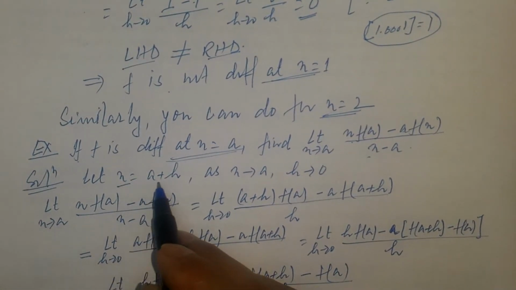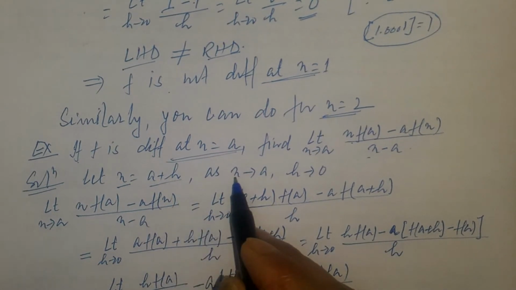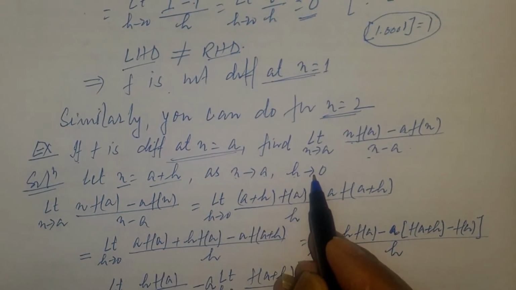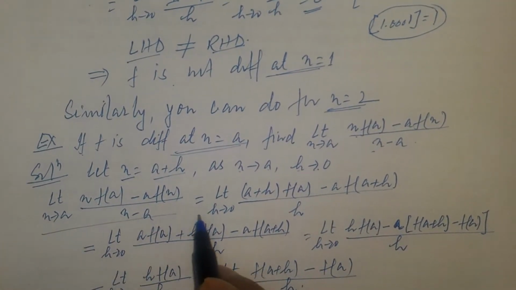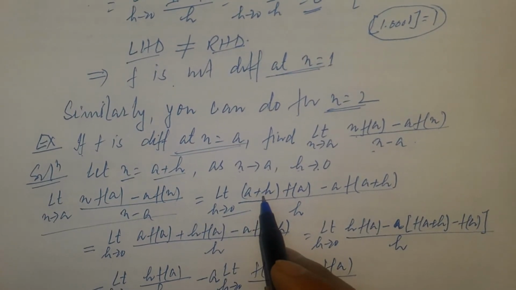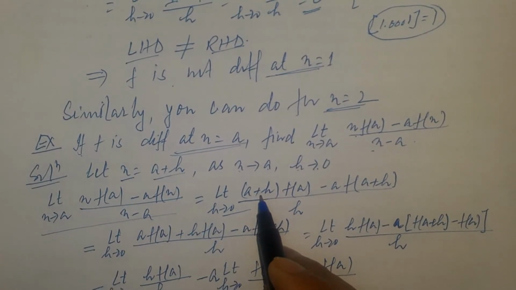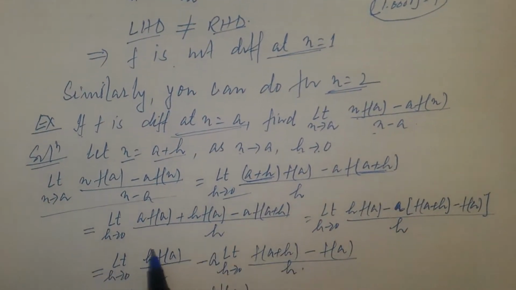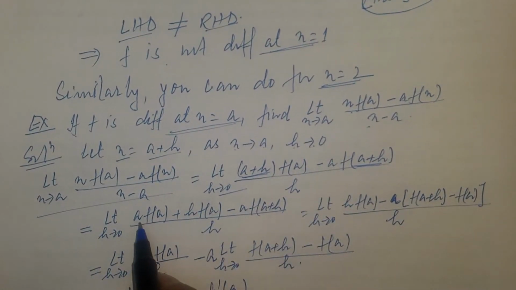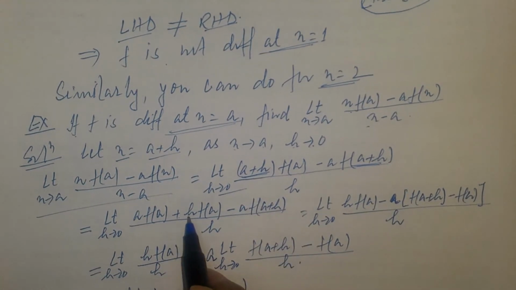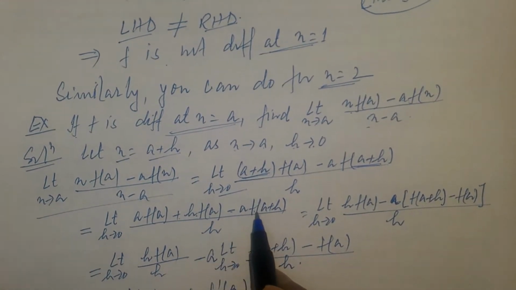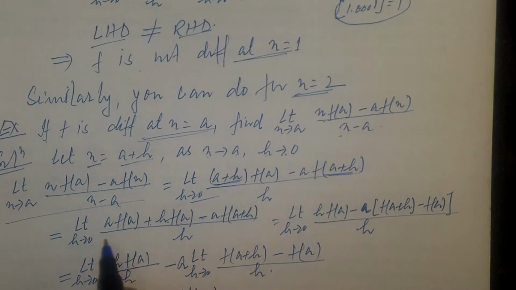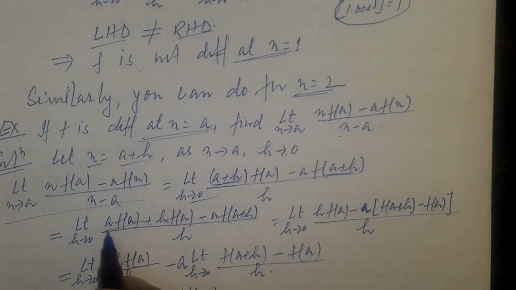Put x equal to a plus h. As x tends to a, h will tend to 0. Now wherever we have x, that will be replaced by a plus h. Now open it up. So a into f of a plus h minus f of a, this is a common here in this and this.